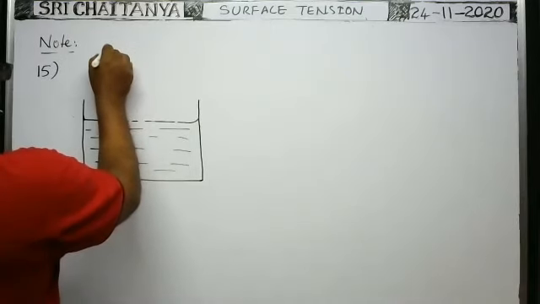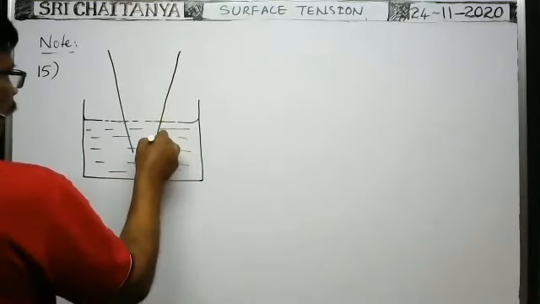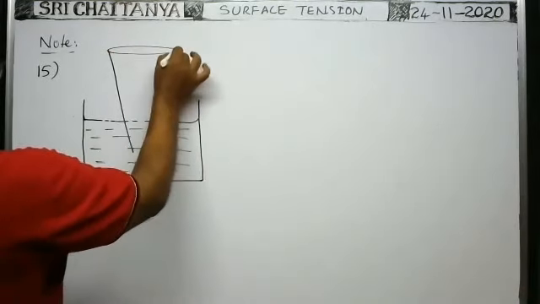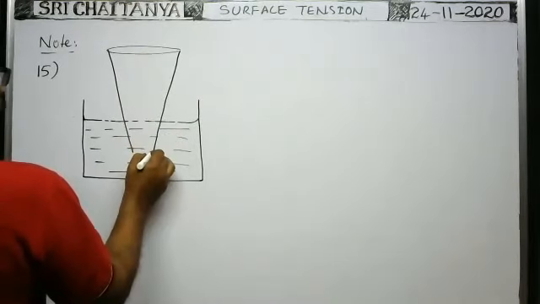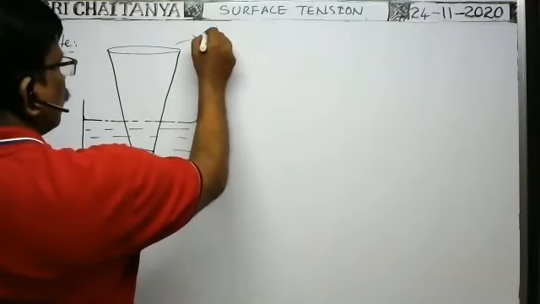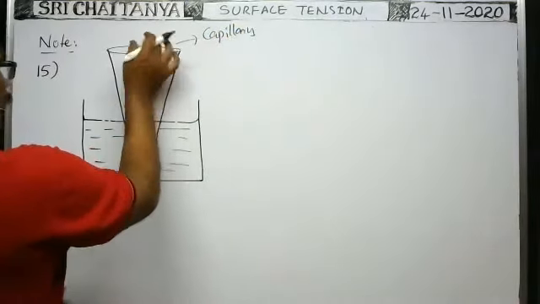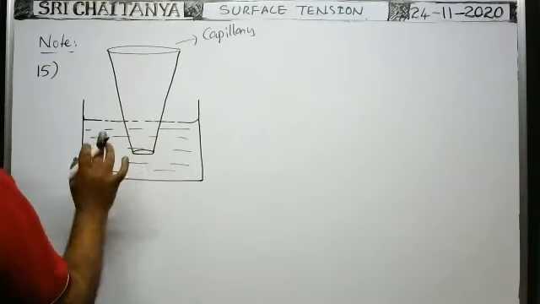So a glass capillary tube is like this. This is the glass capillary tube. Of course, the diameter or radius is less than 1 mm only. It is a capillary tube, but it is in the form of a truncated cone like this.